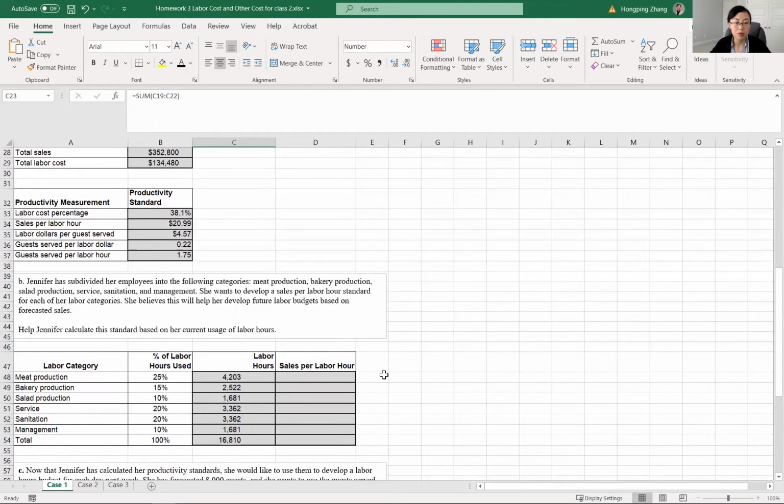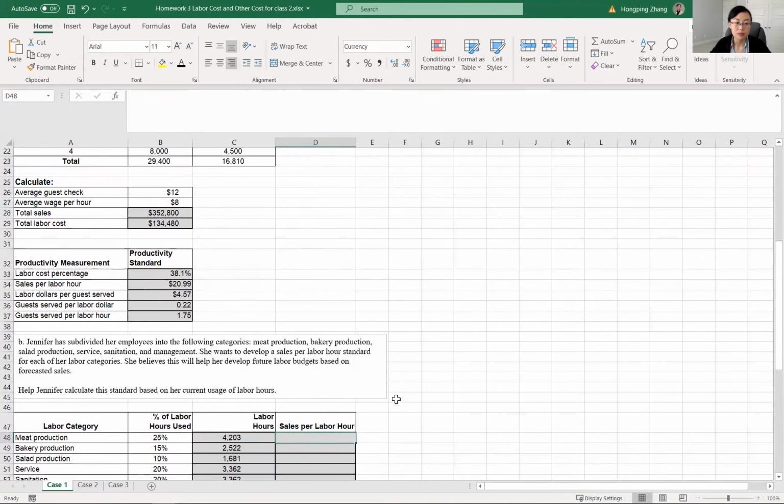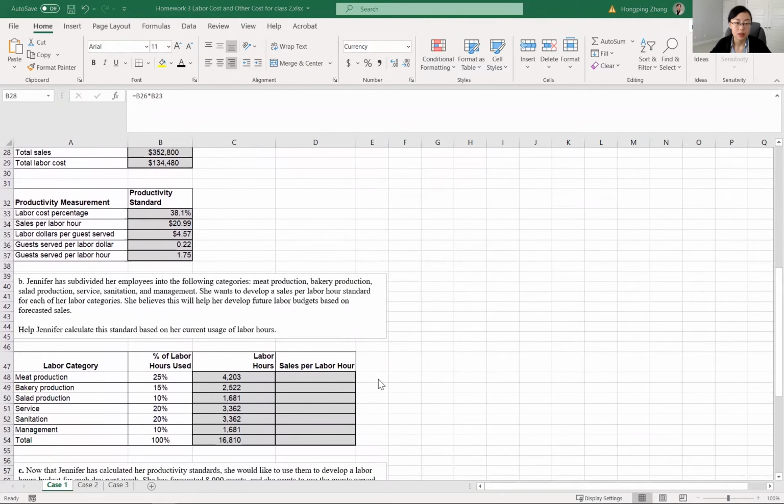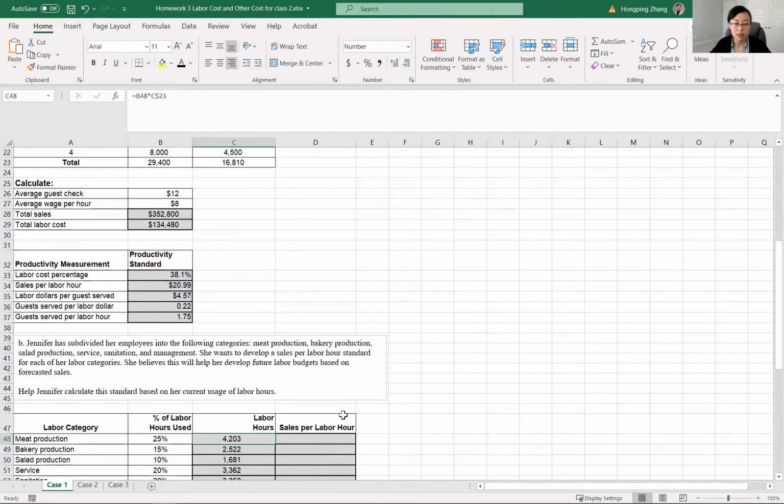Sales per labor hour is also using sales here, divided by the labor hours, right? Because that's what it says. It asks us to calculate sales per labor hour.